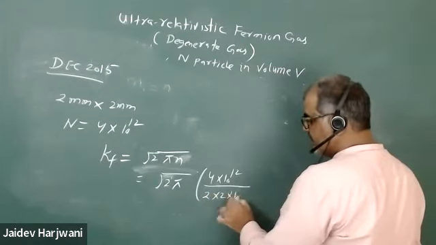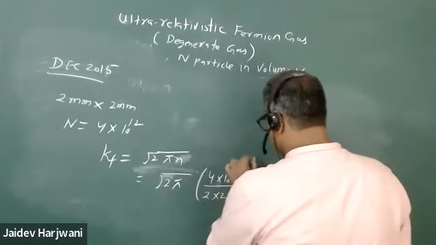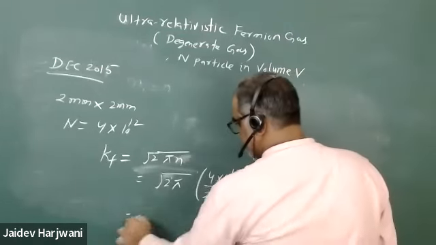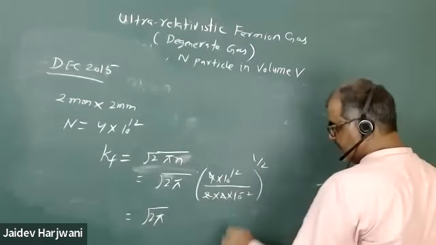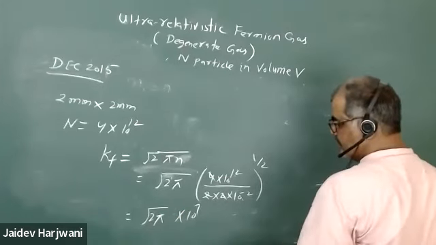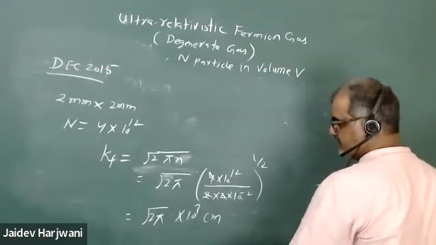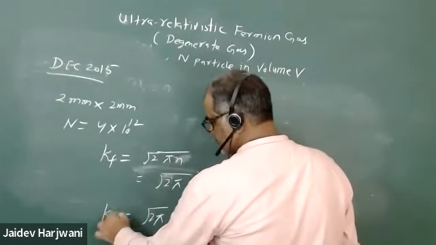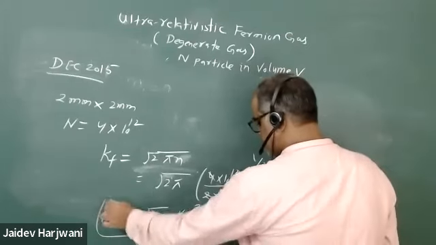You can write it in centimeters, they ask centimeters, so power 2, and power half. So this will be root 2π. The 4 cancels out, this becomes 14, so this comes 10 to the power 7. And the Fermi vector should come in centimeter inverse.